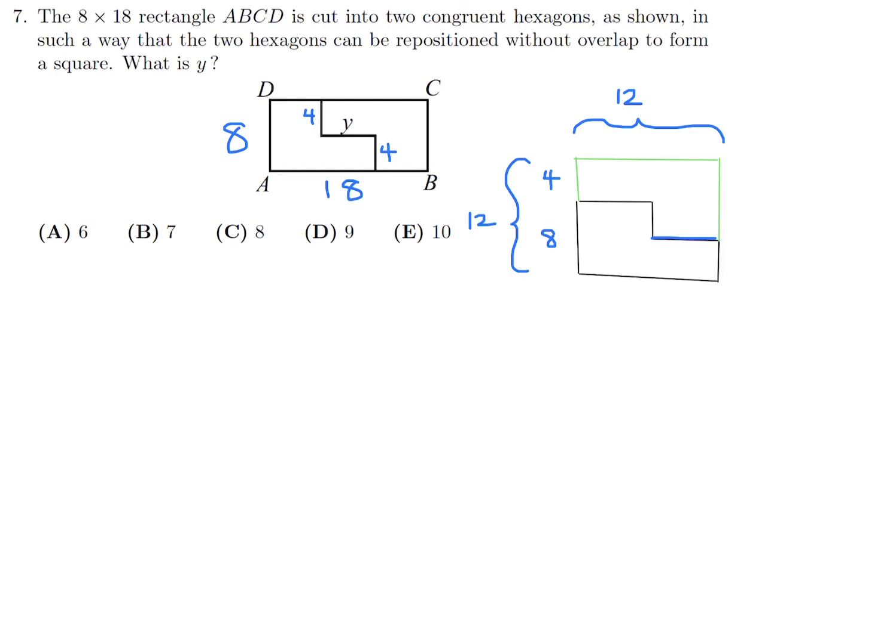So if this is y right here, this distance also has to be y. And when you repositioned it, the y's basically became that distance and that distance. Okay? So that means 2y is equal to 12, and therefore y is equal to 6. So number 7, the answer is A.